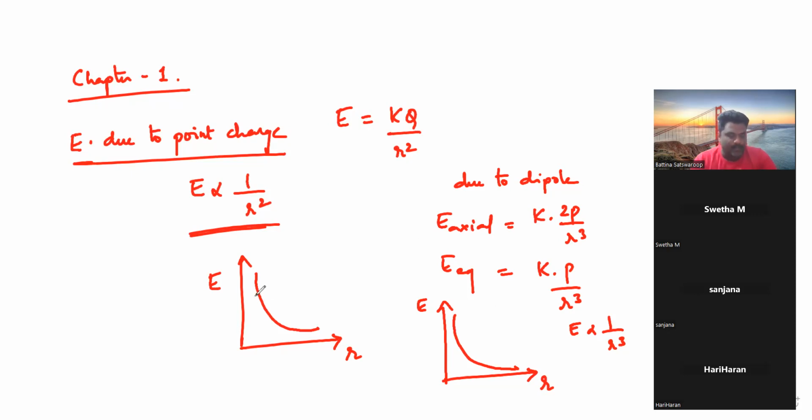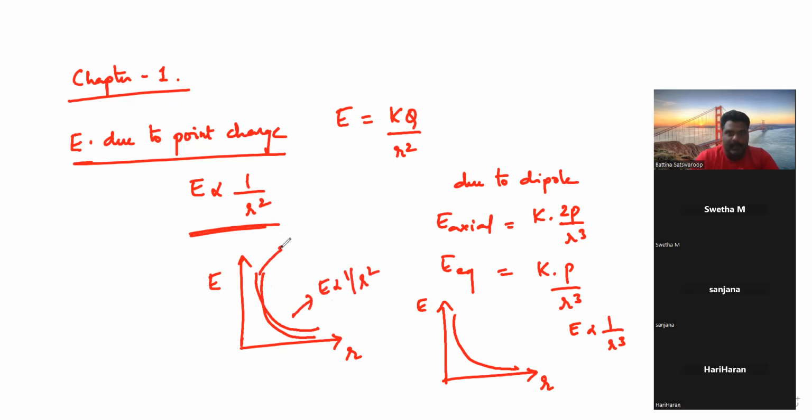So if they ask us to show the comparison between both, how will we draw? This will be 1 by r square and this will be 1 by r cube, right? So this is E proportional to 1 by r square.